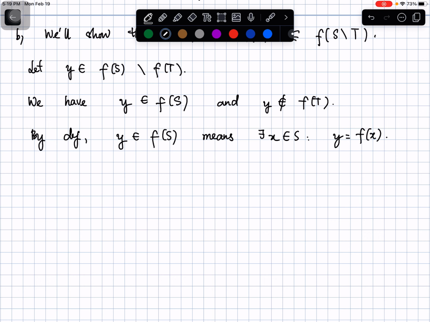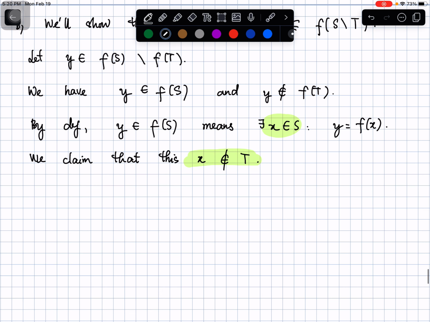Y is not in f(T), and we will claim that this x is not an element of T. How?